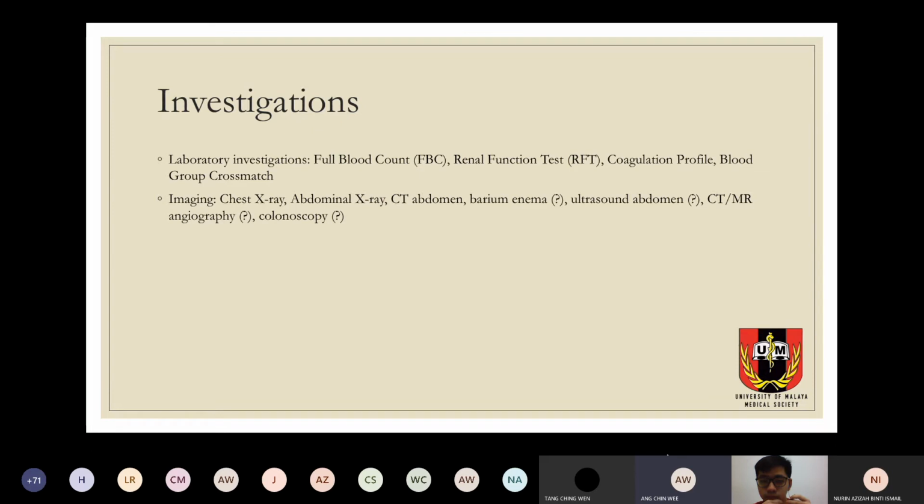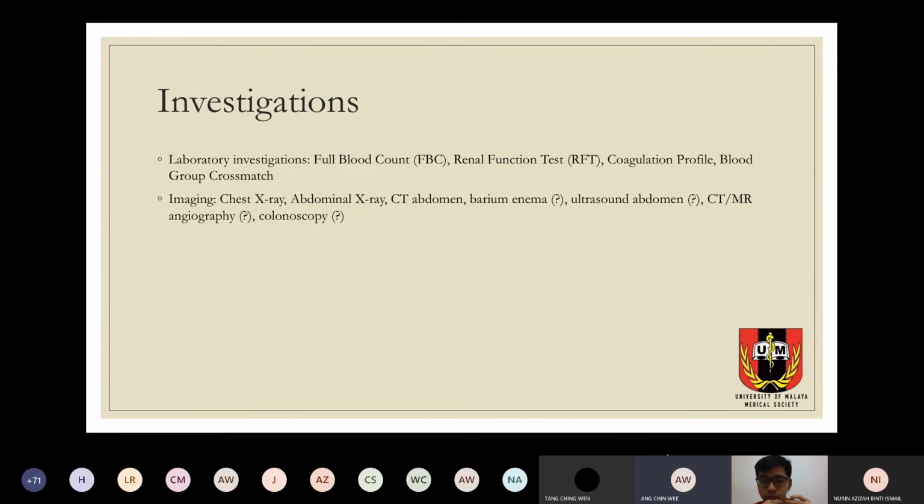But how do you choose which one? Not all are available in your specific hospitals, and not all are really cost effective. So obviously you start off with the basic things, the cheapest things, the easily available things.